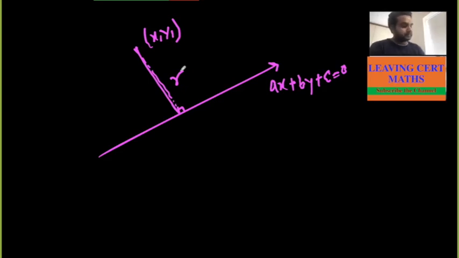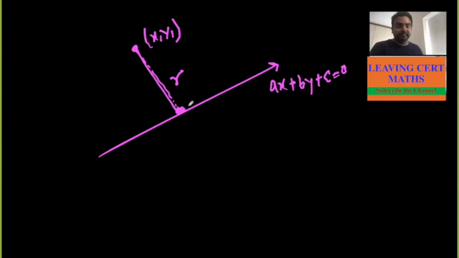Is it the perpendicular formula? Check the formula book. M1 multiplied by M2 equals minus 1. That's what it says. But that is used for finding slope. This is the straight line, but we want this distance.